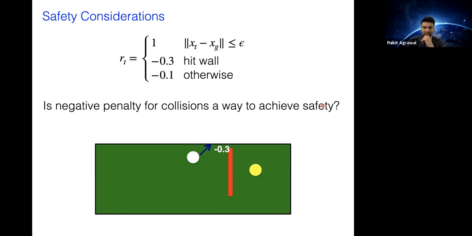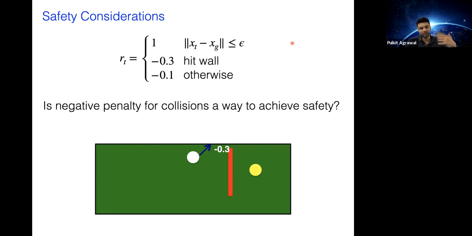I guess I should have had a poll, but I don't have one right now. I think people nailed it in the chat that this is not a good way to achieve safety, at least at training time. When you talk about safety, it's good to say what you mean by it.